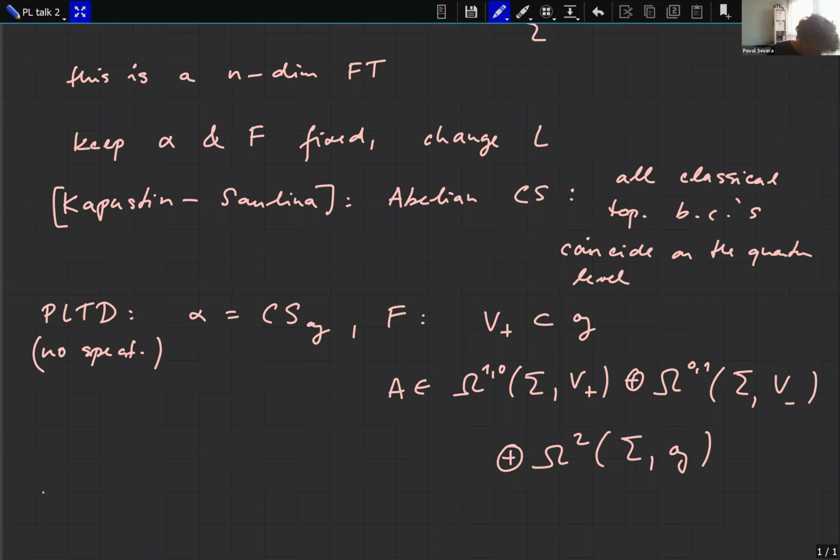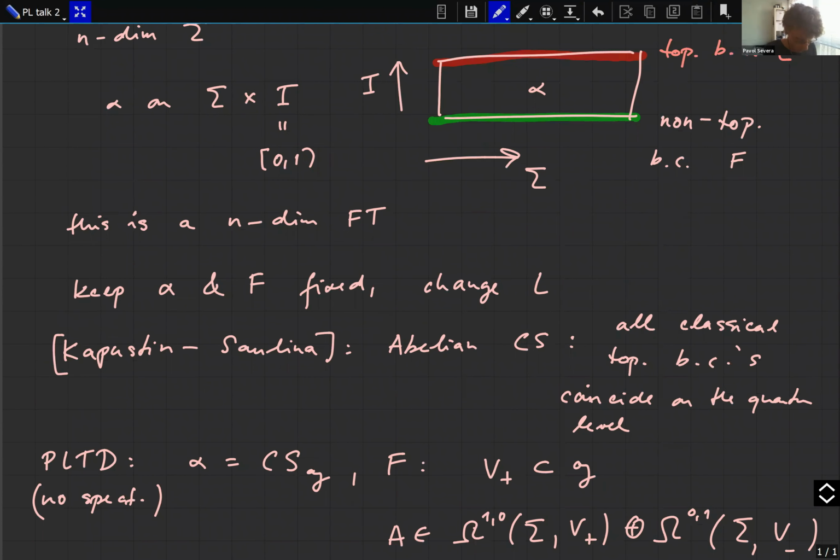And this L thingy would be simply that we pick H in G a Lagrangian Lie subalgebra, and we would now have that A is in Omega(Sigma) with values in H. Okay, what is maybe kind of surprising, not so clear, that if we do this, so if we impose these two boundary conditions, so what's happening here?